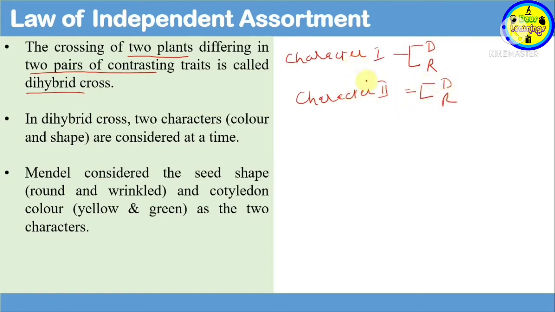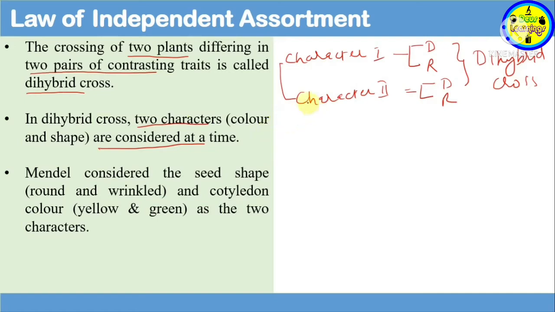So when we cross these two characters possessing plants, that will be considered a dihybrid cross. So two characters are considered at a time, character 1 and character 2.